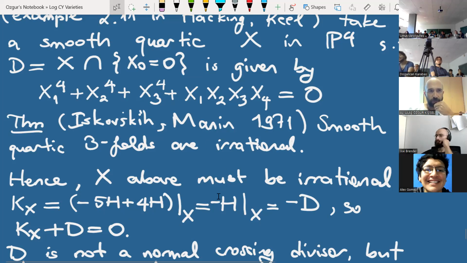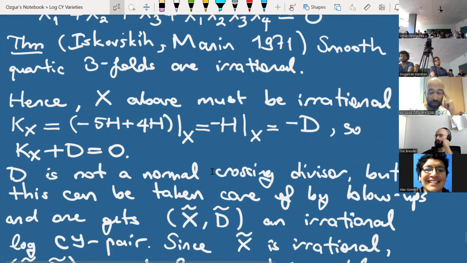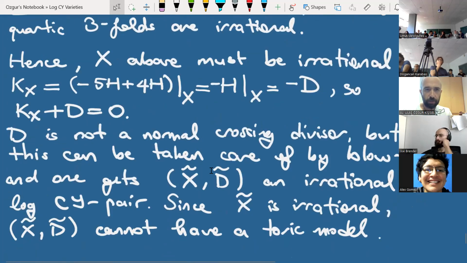The small problem is that D is not a normal crossing divisor yet. If you look at this more carefully, it has a cuspidal singularity, but it can be taken care of by blowups. I didn't write the details, but after some blowups, one gets a log CY pair, but it's an irrational variety, so it cannot have a toric model.